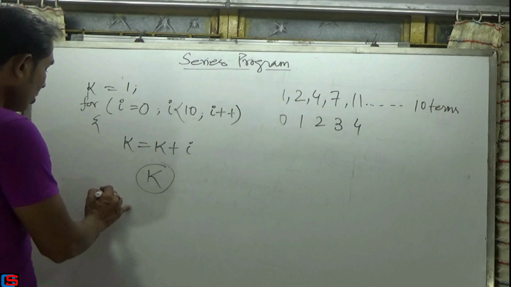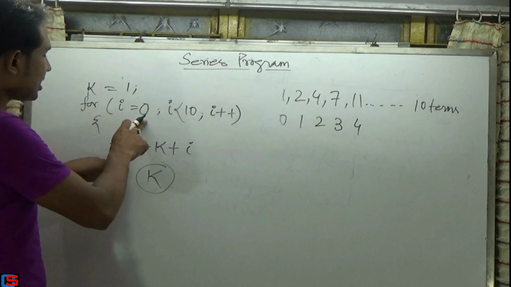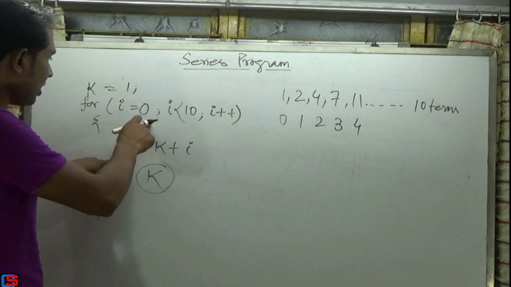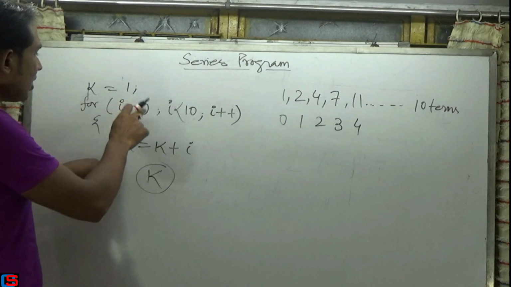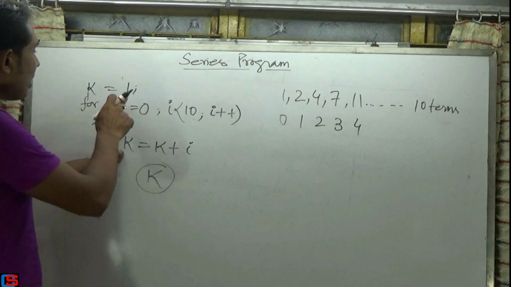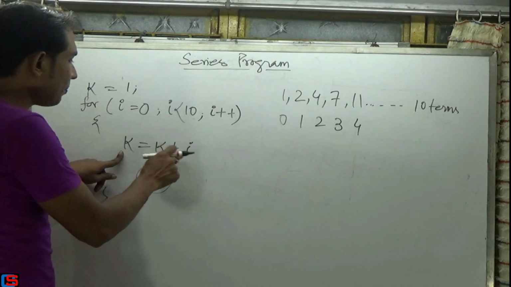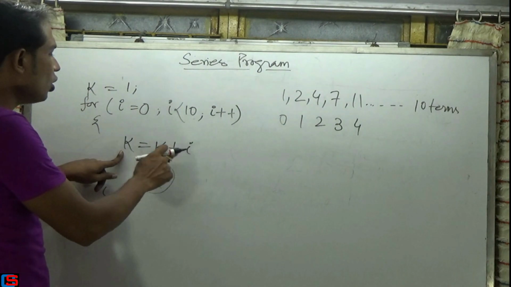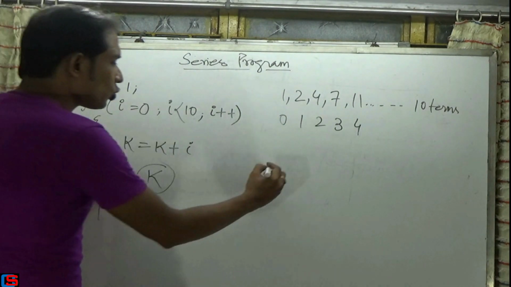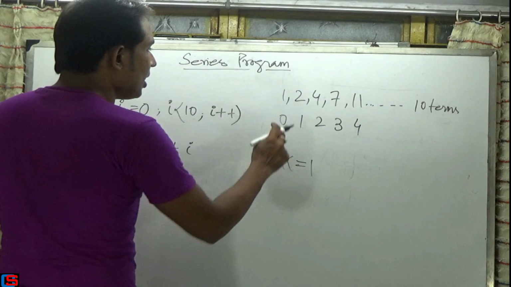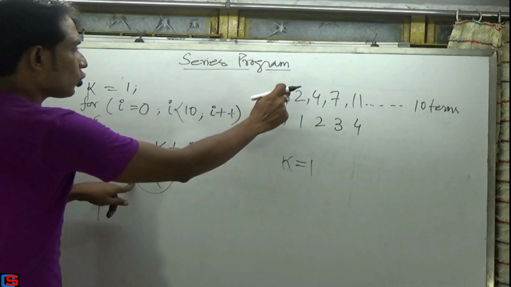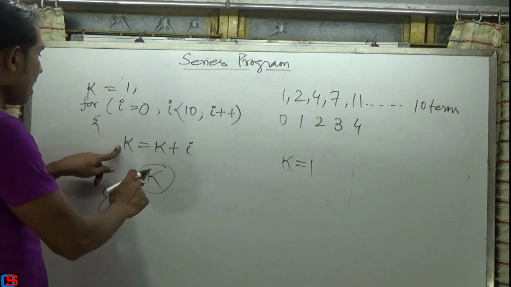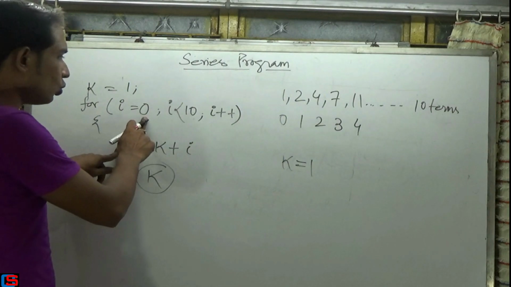So now if I execute or dry run the program here, then at the very first time, the k value, the initial value, is 1, so 1 plus i means 1 plus 0, so k becomes 1. So the value of k becomes 1, and 1 is printed here. Now after that i becomes 1.